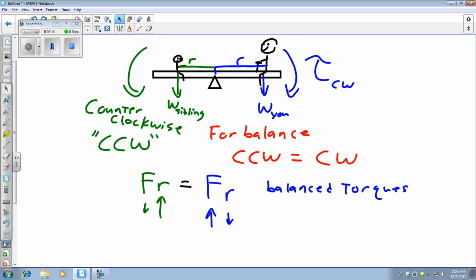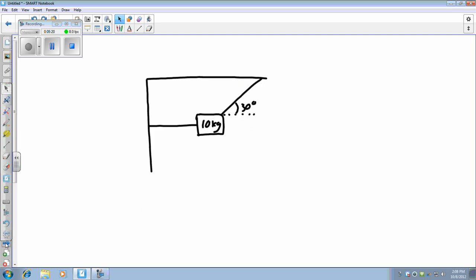Now, let's get to the next one here. The suspended object. Now this is one that doesn't necessarily involve torque, but it's the type of problem that you're likely to see. This is equilibrium with free body diagrams, FBD equilibrium.